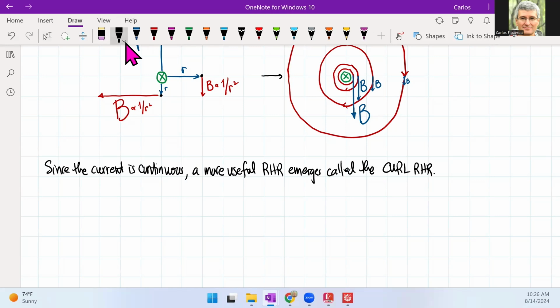Now note, I didn't check this on the internet, but that's what I was told when I was a student, so I'm going to use that language. It may be incorrect, but that's what I'm going to call it.